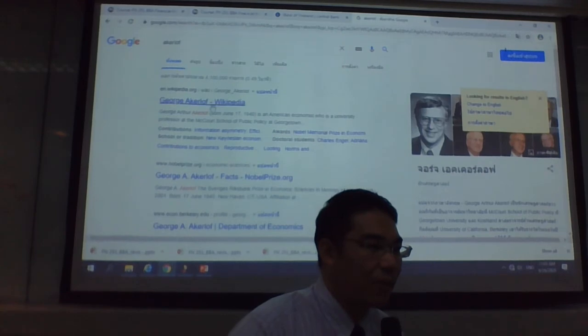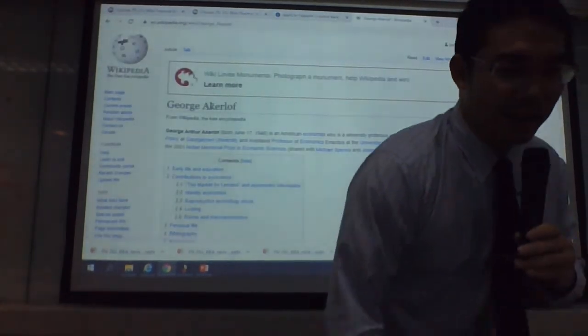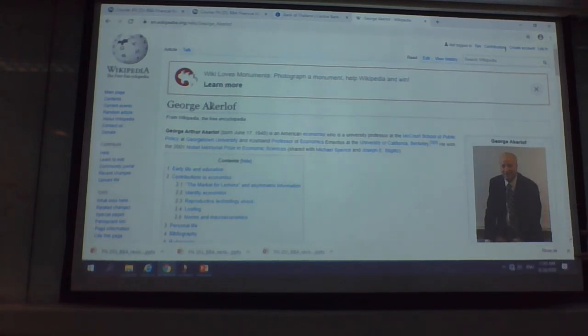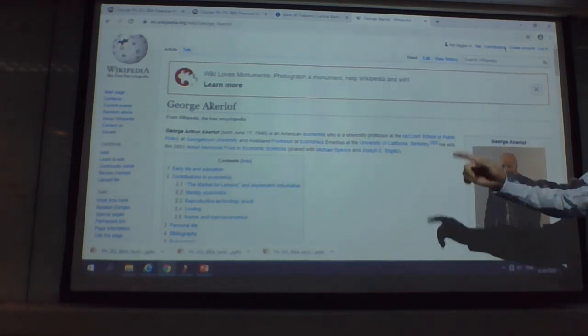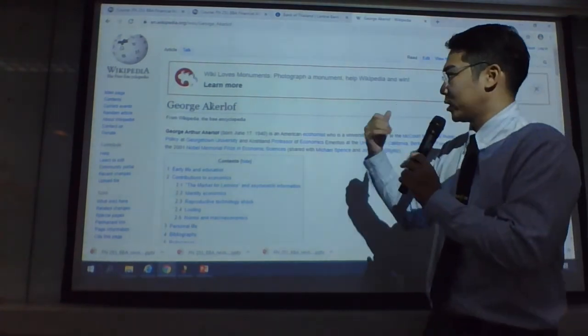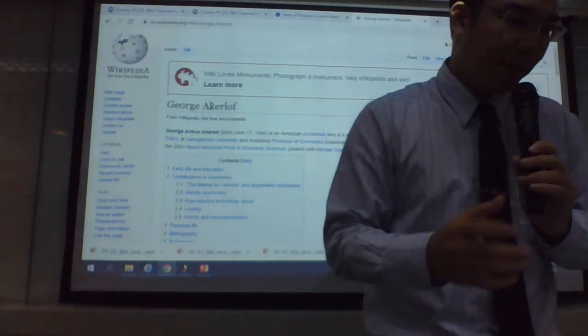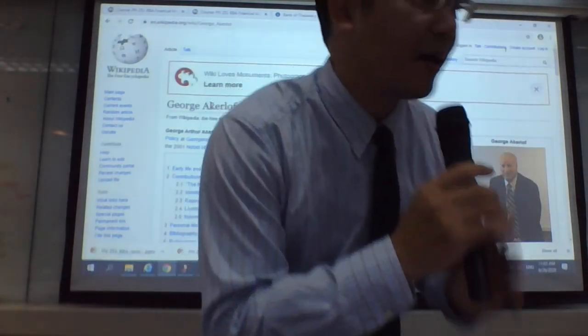Okay, George Akerlof, not Robert Akerlof. Robert is the son. George is the person who came up with the model that explains the mechanism in the market for second-hand cars, or used cars. George Akerlof earned the Nobel Prize for his studies of the market for used cars.